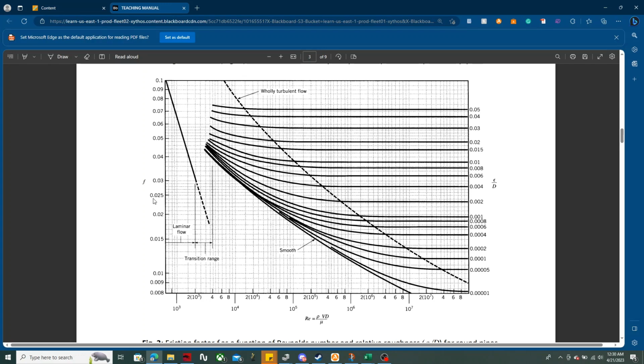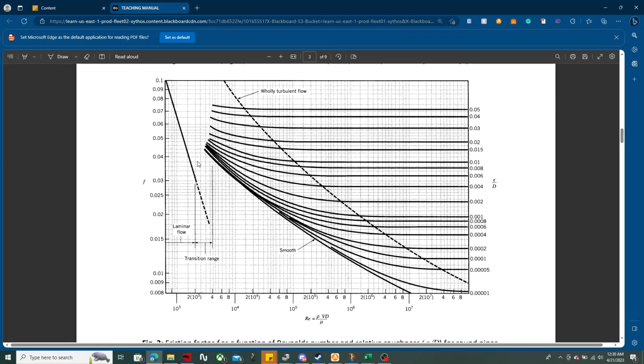And your friction factor is essentially like that drag coefficient, right? So this gets involved in calculating, or predicting, the total head loss as fluid moves through long sections of piping, okay?